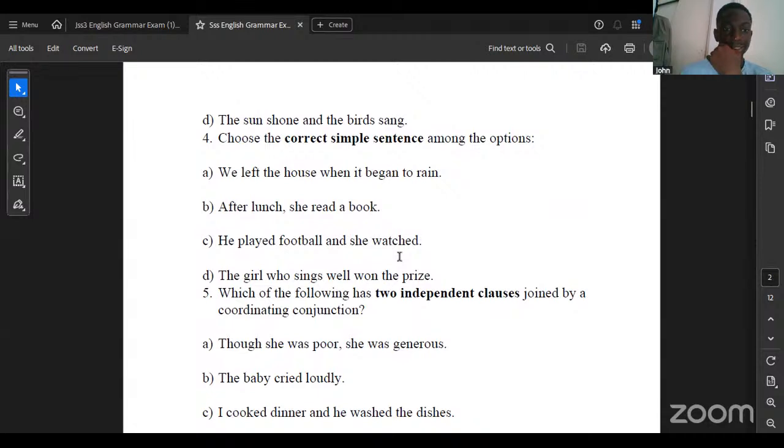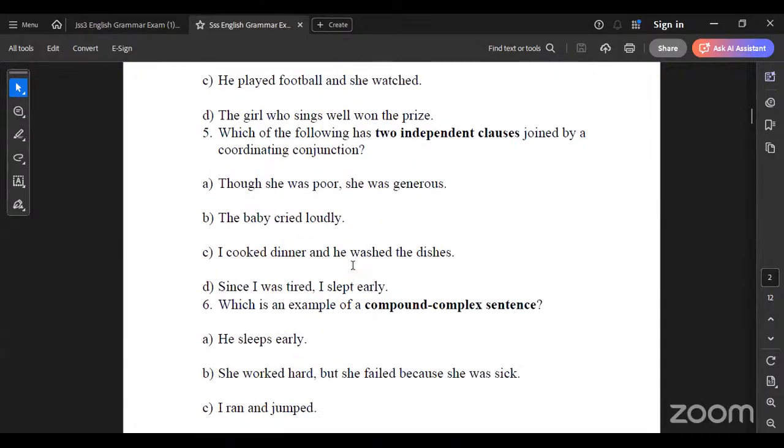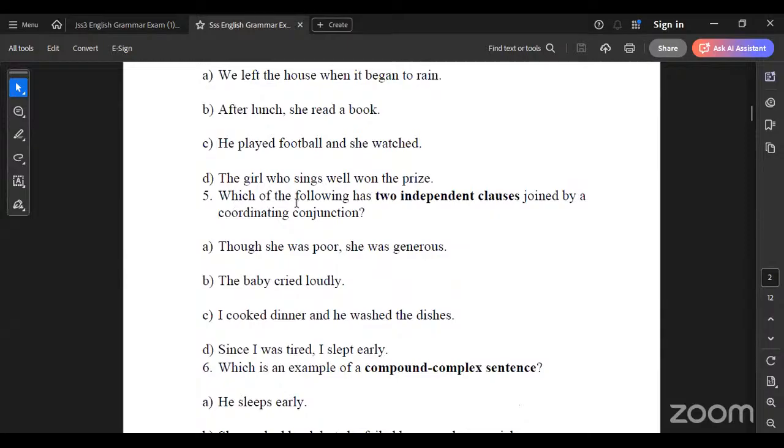D, the girl who sings well won the prize. Simple sentence. Okay. You're correct. All right, number 5.